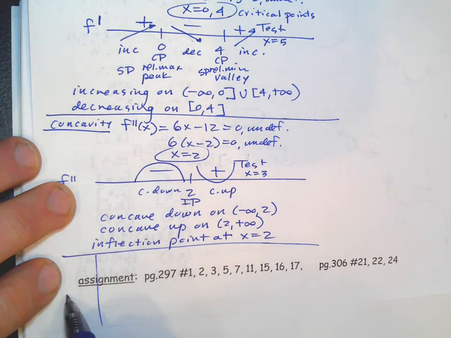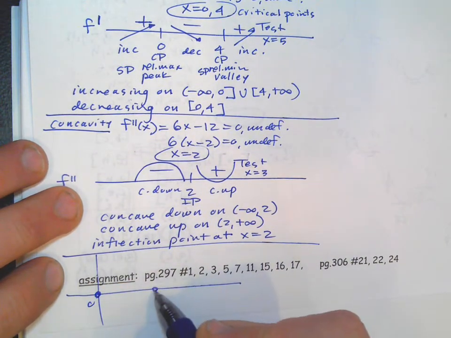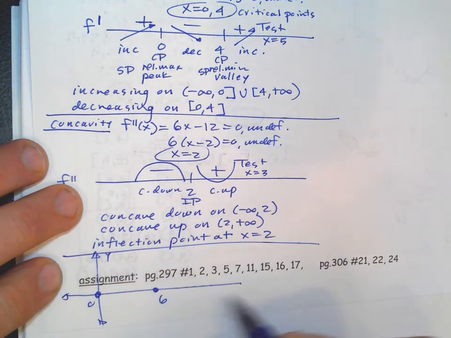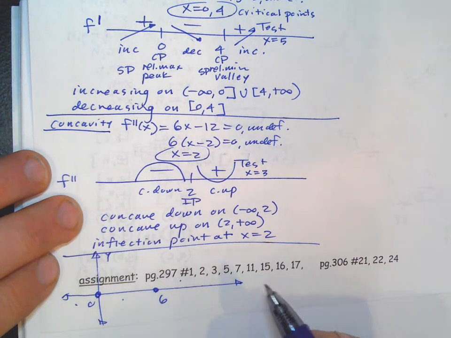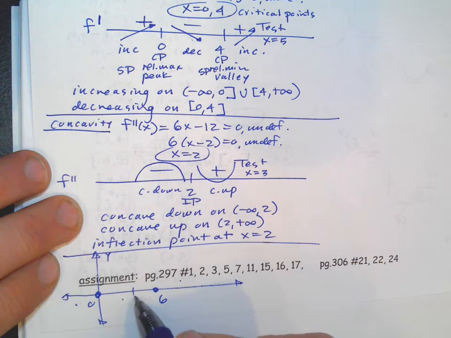But what we could do is we could start with the zeros. All right, x-intercepts are pretty important on a graph, right? And then you could say, okay, the graph is below here, and above here. It's increasing over here, and then it's decreasing from 0 to 4, and then it's increasing from 4 onwards.